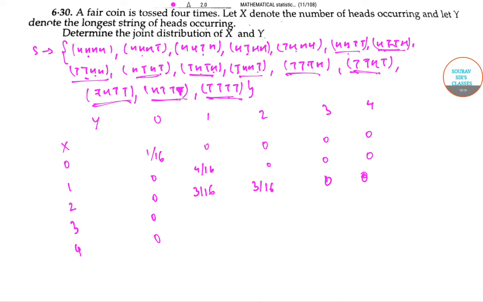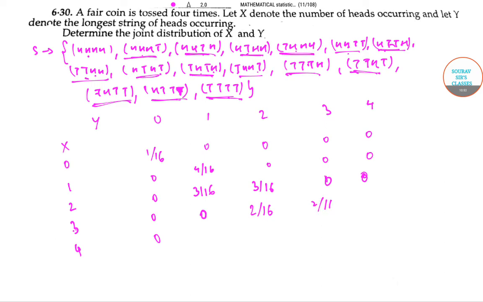Now, given you have 3 heads, the probability that you get just a single string of one head is 0. Given you get two heads continuously, you get it in this case and over here. So the probability is 2 by 16, and you get 3 heads continuously, one case is this and the other is this.